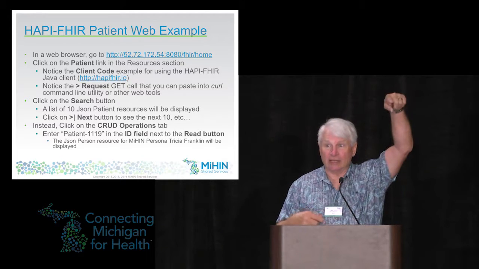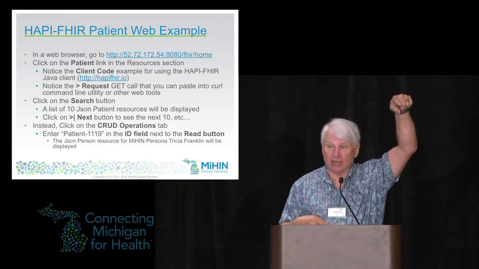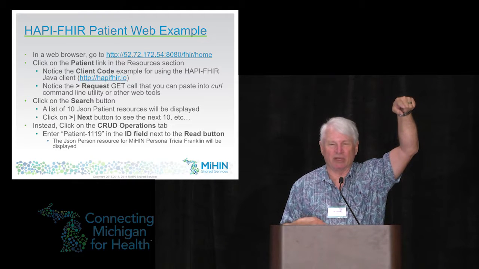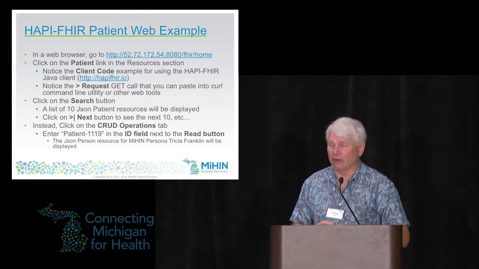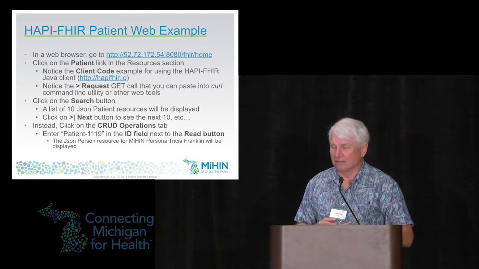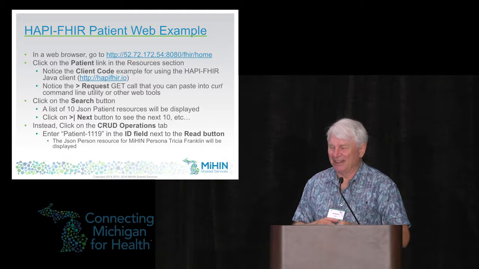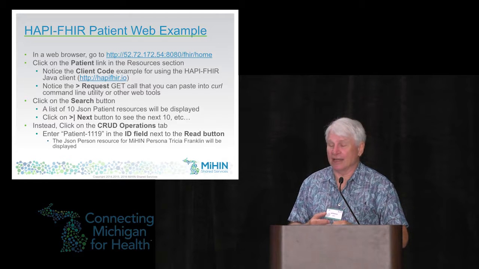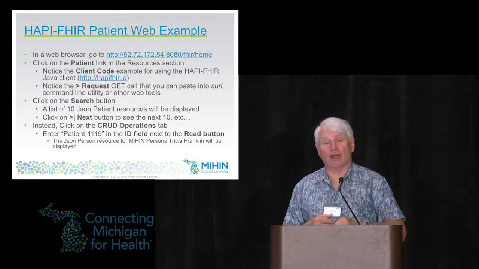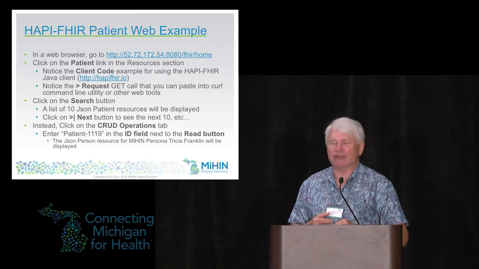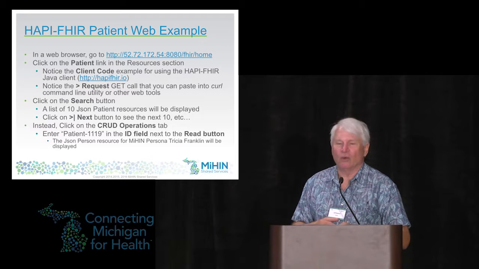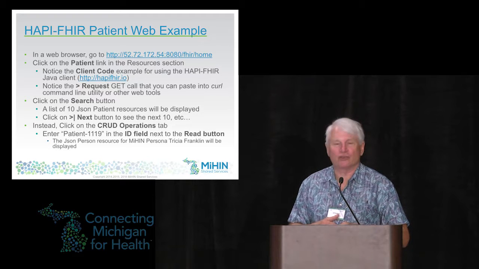You can also click in the upper left-hand corner of the website and say, I'd rather see them in XML because I really like XML. And it'll produce them in XML for you if you're a masochist. You can also do things like click on the CRUD operations tab and enter a patient identifier. Patient ID 1119 is Tricia Franklin.